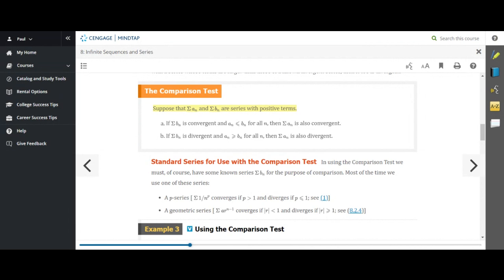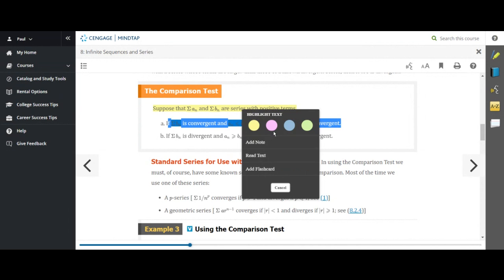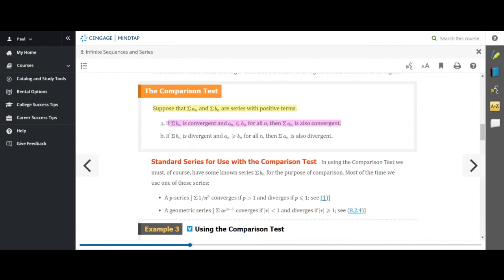Part A of the comparison test says that if your series B sub n is convergent and the terms of the series A sub n are less than B sub n, then the series A sub n has to be convergent.